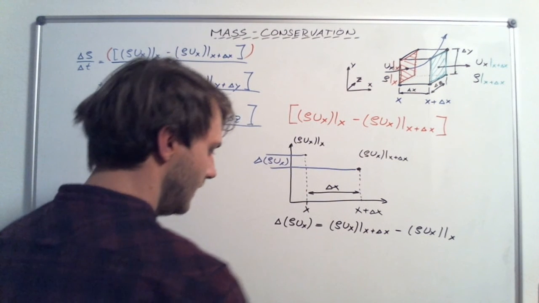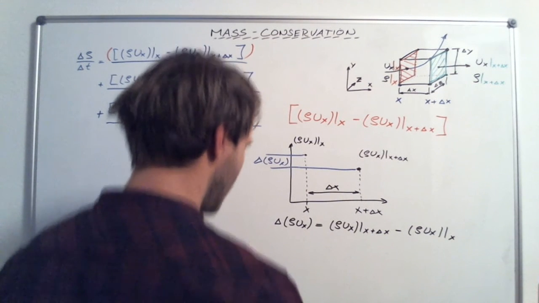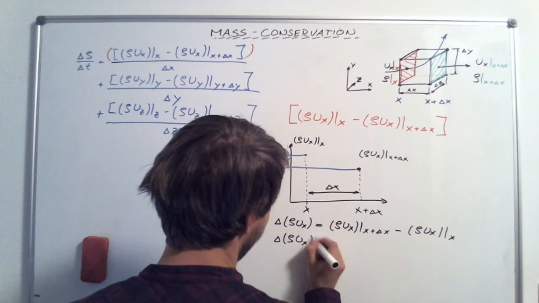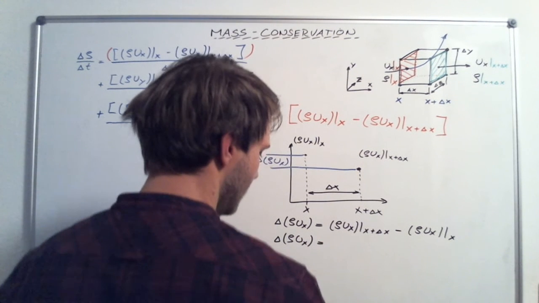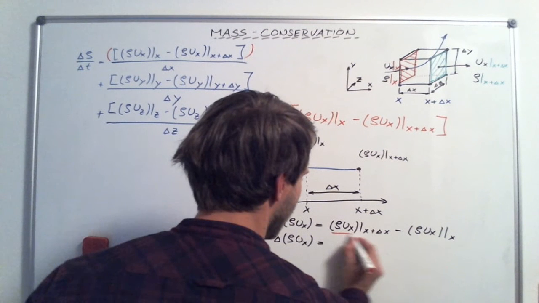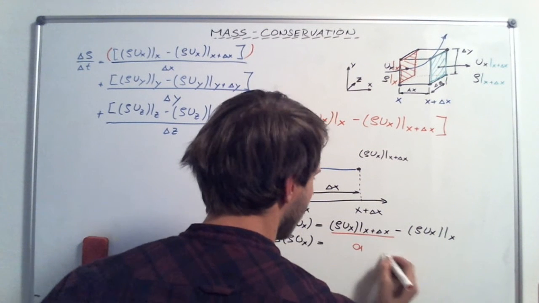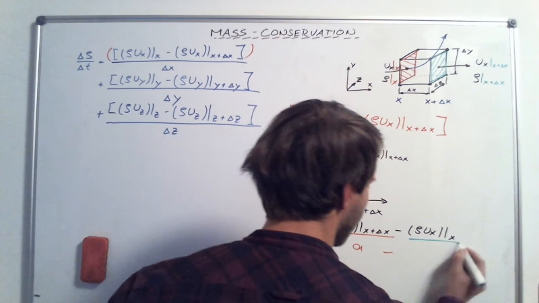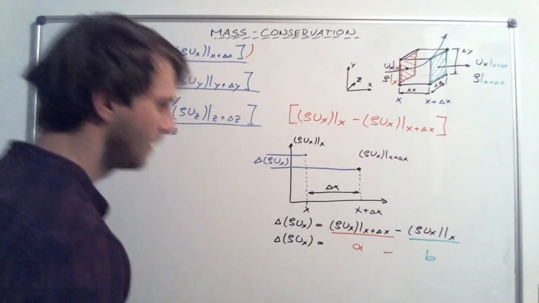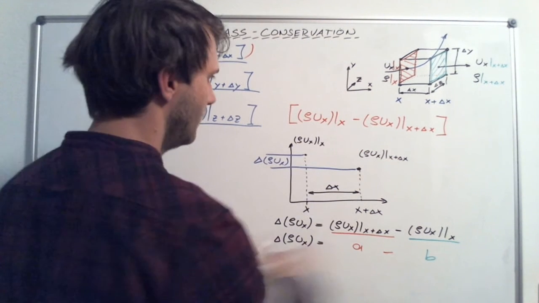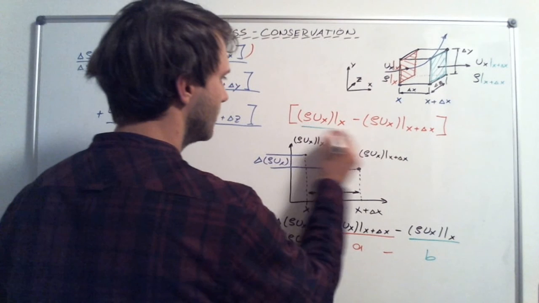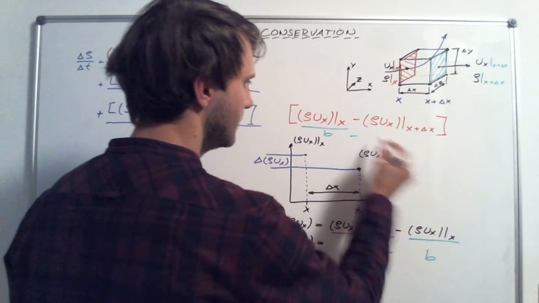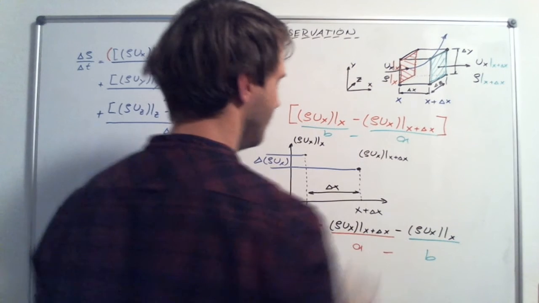So, if I rewrite this again to make things simple, it's equal to, I will write this one a minus, and this one I will write b. So when this one is b minus, and this is a.